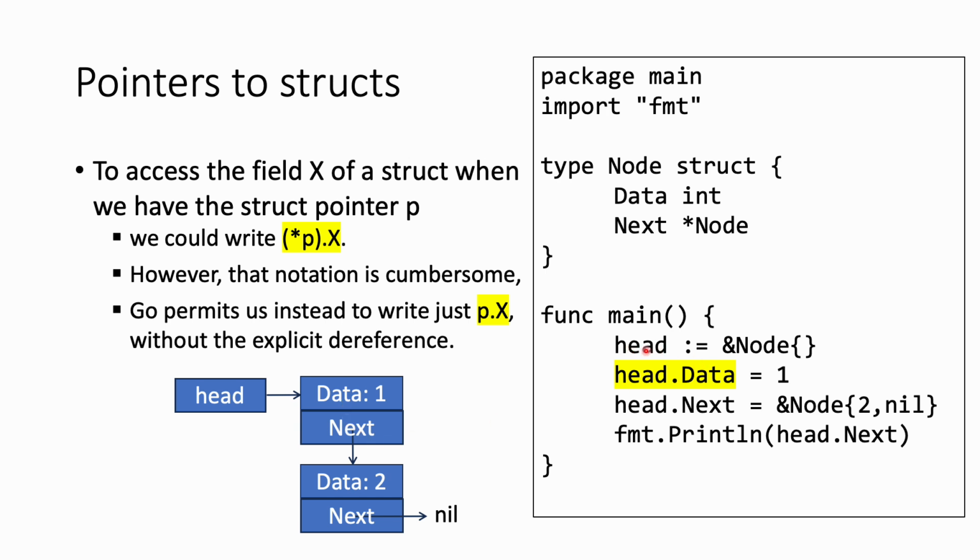So here we declared a variable head to be a pointer to a Node with 0 value for its fields. So after this declaration and assignment, the node pointed to by the pointer head would have 0 value for the field data and the nil value for the field next.